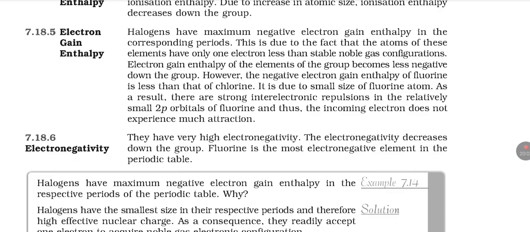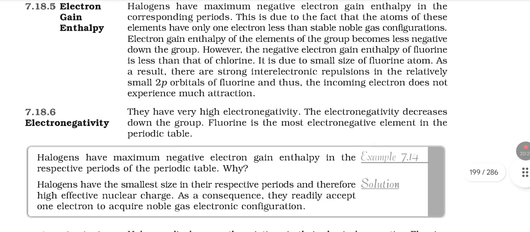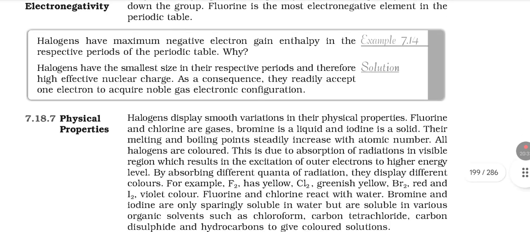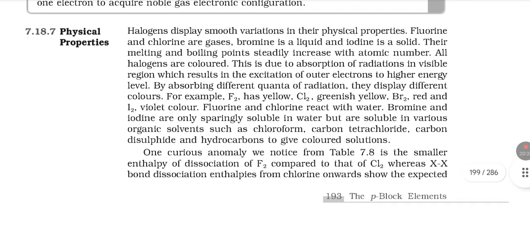It is due to small size of fluorine atom. As a result, there are strong interelectronic repulsions in the relatively small 2p orbital of fluorine, and thus the incoming electron does not experience much attraction. Electronegativity. They have high electronegativity. The electronegativity decreases down the group. Fluorine is the most electronegative element in the periodic table.